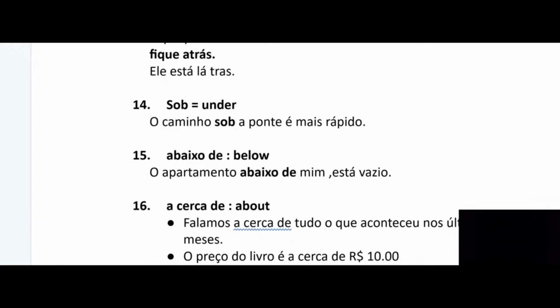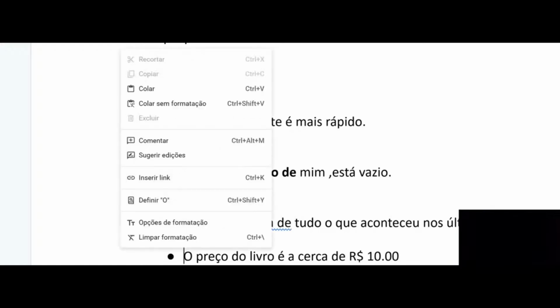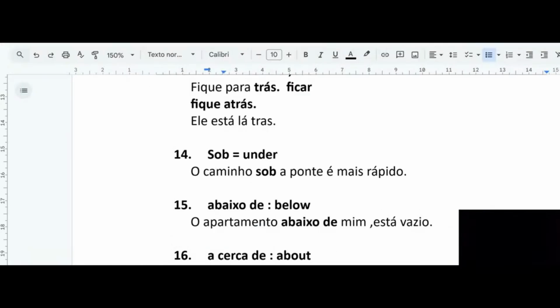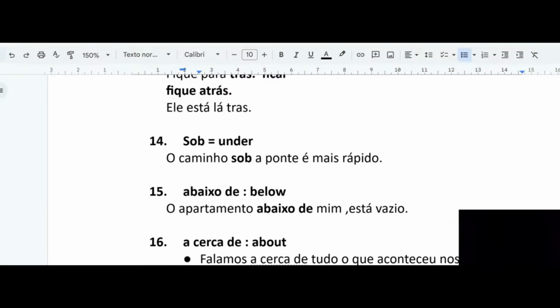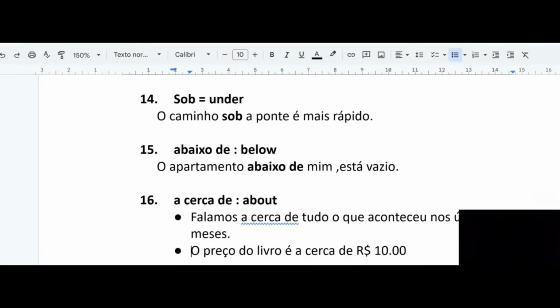Someone asks, you're saying acerca de means about, what of sobre? Does it mean sobre also? Yeah, sobre is also about. So how do I differentiate them? Let me give you a short key.